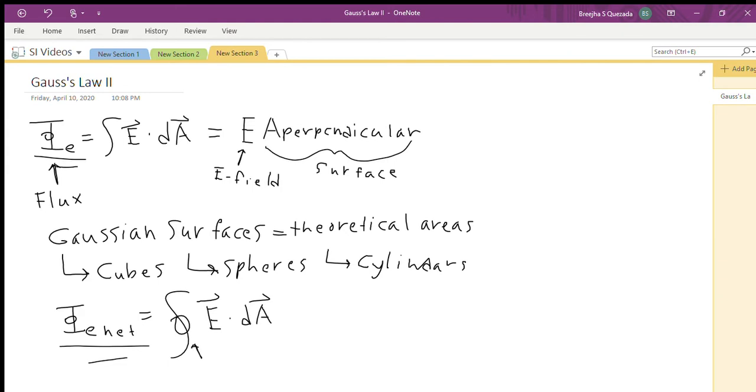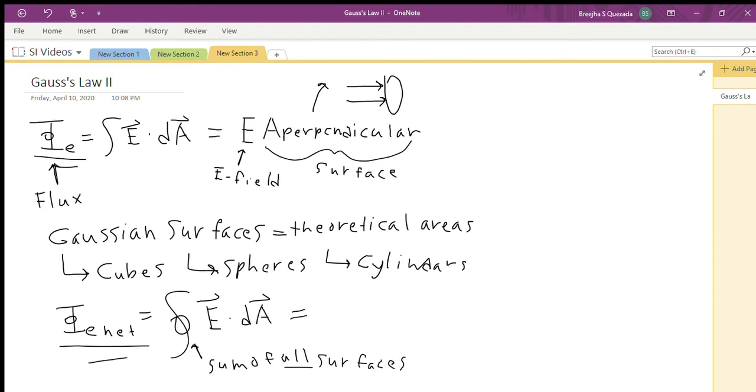All the circle means is that we're taking the sum of all of these values over an entire surface. Previously in the last lecture, we were doing mostly flows through two-dimensional surfaces, potentially something like a hula hoop or a flat disc. Now we're moving into three-dimensional space, and that's why we need to take the sum of all surfaces.